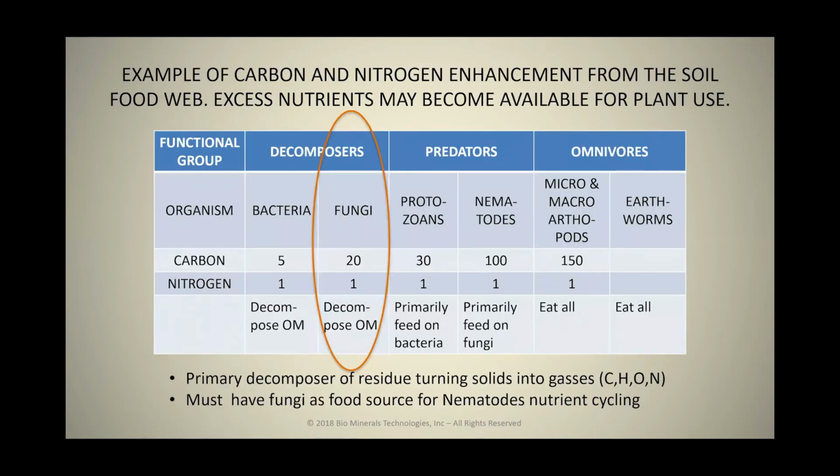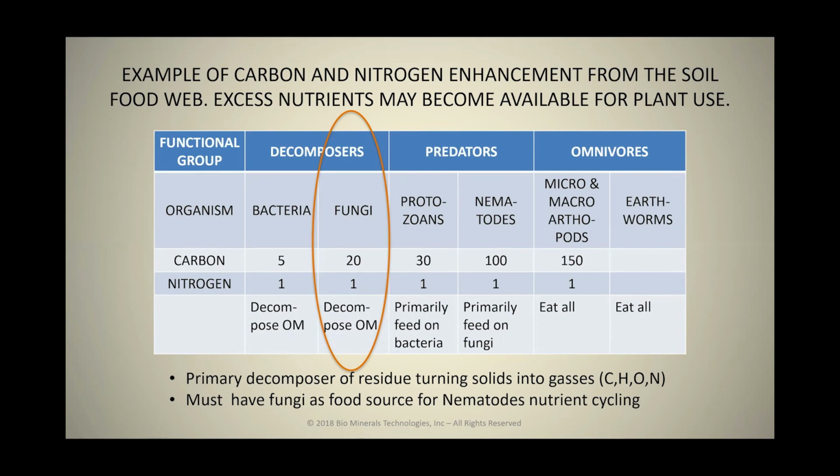And again, these fungi, we have soil biological tests that we can run, and we can find the active and total bacteria, the active and total fungi, the protozoa groups, the nematode groups. And this begins to tell us what the health of the soil is.